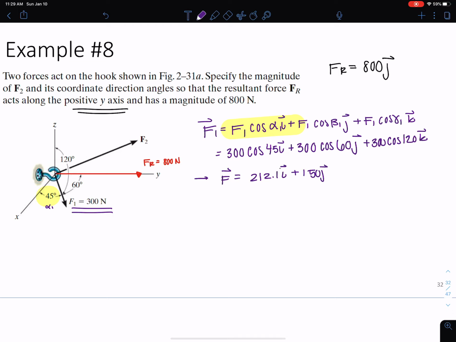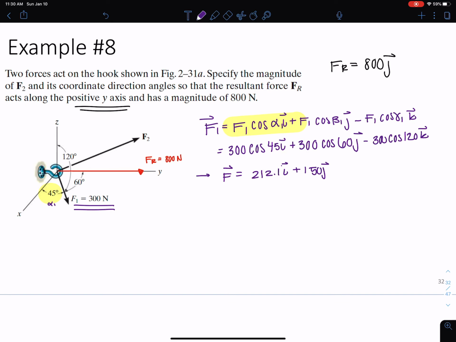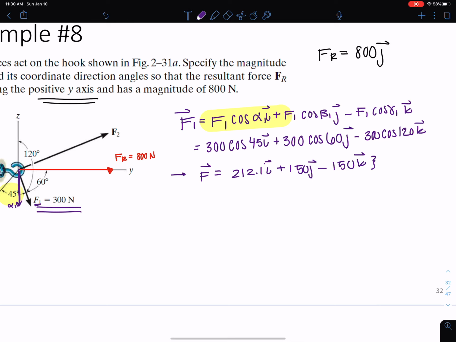And here, actually, this should be a minus, minus 150 in the k, because the component for F1 is going down in the z. I'll put these in brackets to remember this is all in newtons.